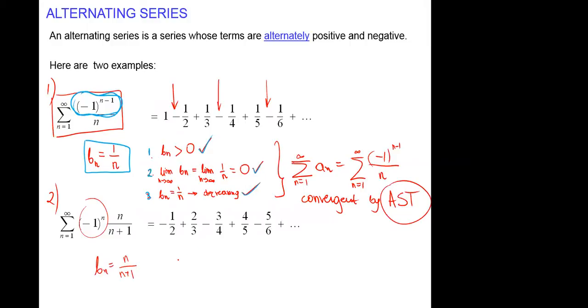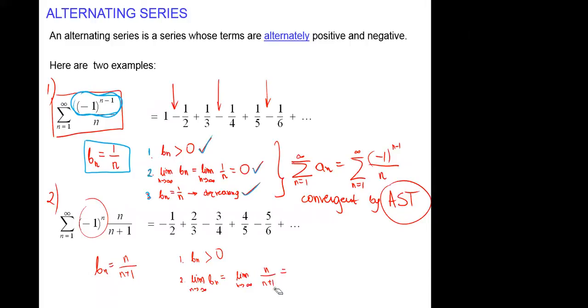I can definitely see that b sub n is positive, because if n is a positive integer, this will always give me a positive value. Now let's check the behavior at infinity, following my guidelines from above. n over n plus 1. And what is this limit at infinity?